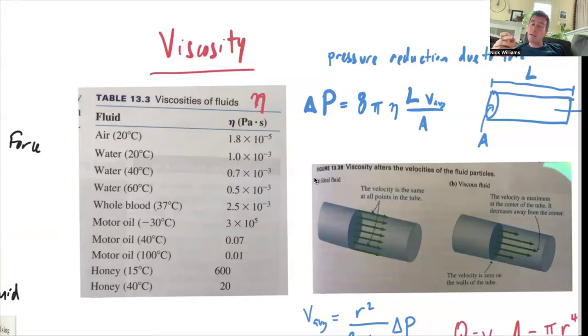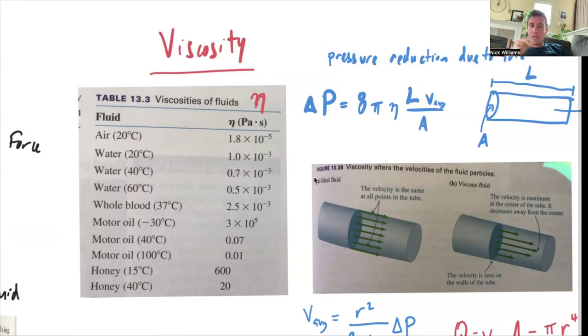Very fluid things are able to flow easily, like air. It has a very low viscosity, 1.8 times 10 to the minus fifth. Water has a viscosity around 1 times 10 to the minus third, or 0.001 pascal-seconds.